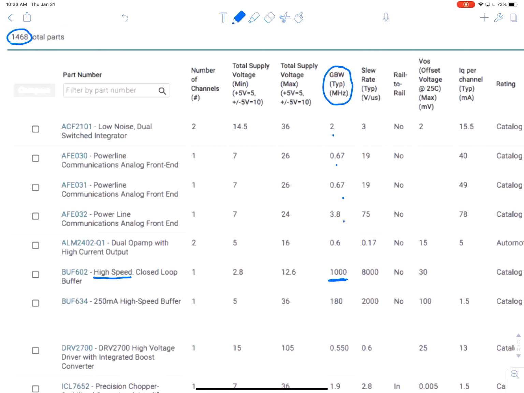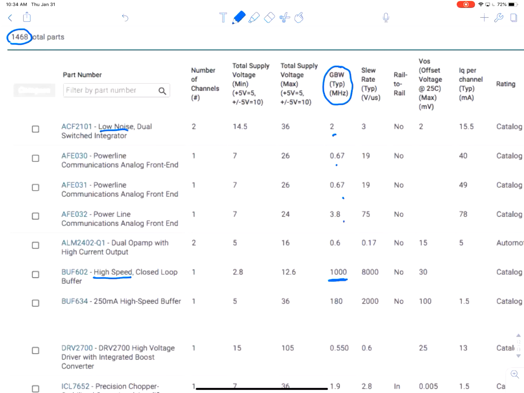Every op-amp has a name suggesting what you use it for. Like this one, where it's a mediocre gain bandwidth product. Why is it still in the catalog? Why would anybody use these op-amps rather than the very nice high-speed op-amp? Well, you get better noise characteristics.